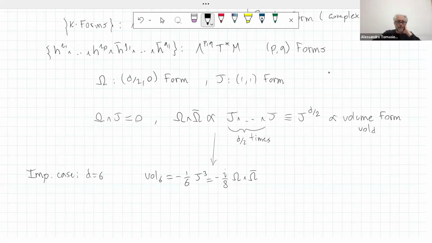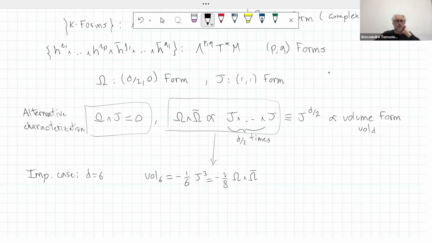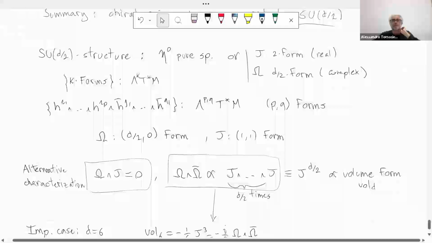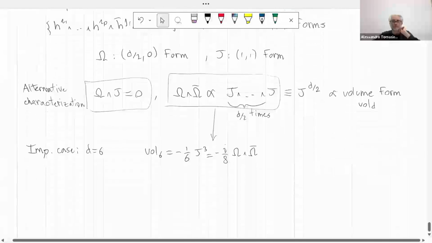So this condition and this other condition are an alternative characterization of omega, J that define an SU(3) structure.